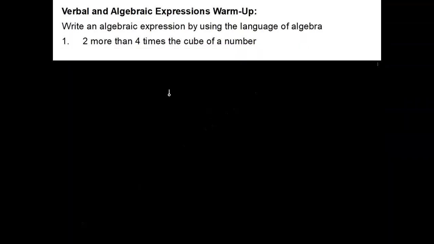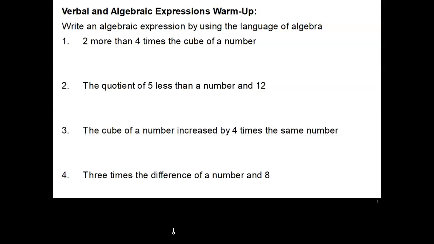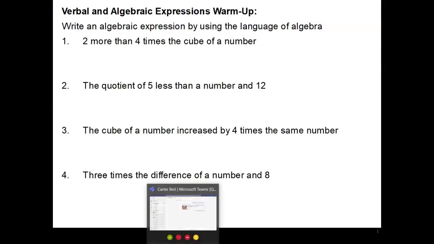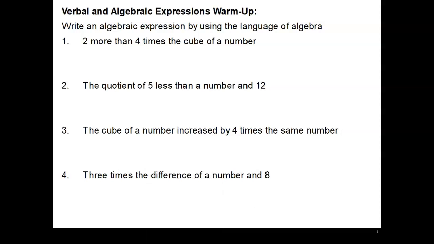All right, so looking at number 1, 2, 3, and 4, these are all examples where we had to write a verbal expression given that we wanted to put it into an algebraic form.